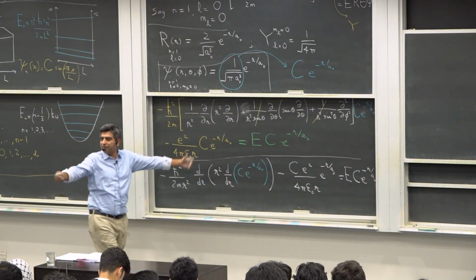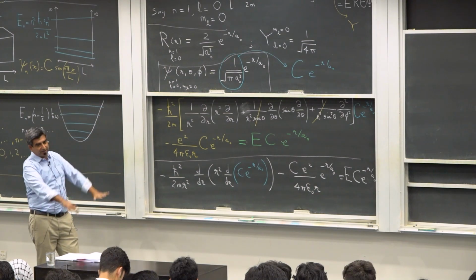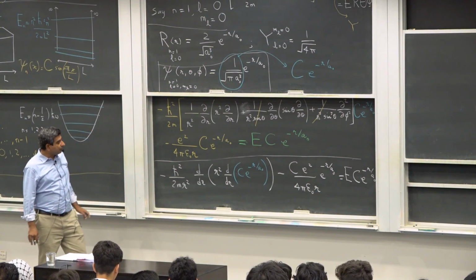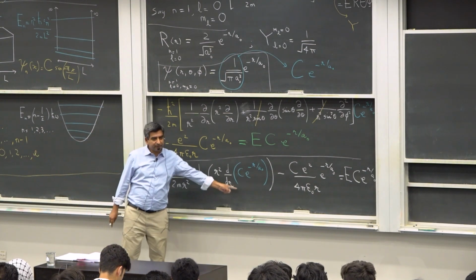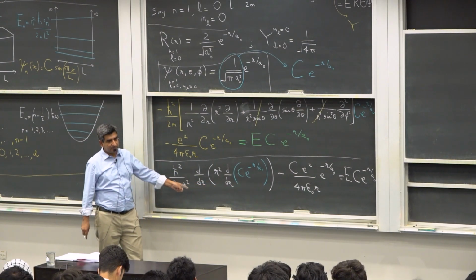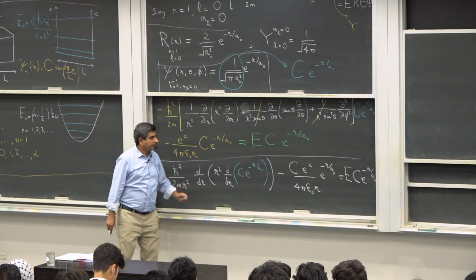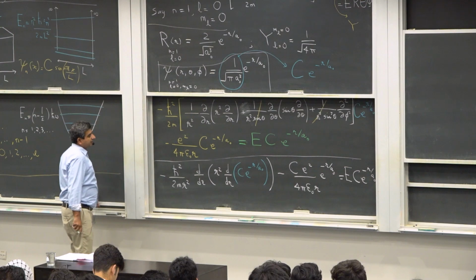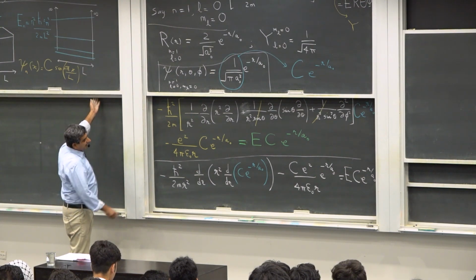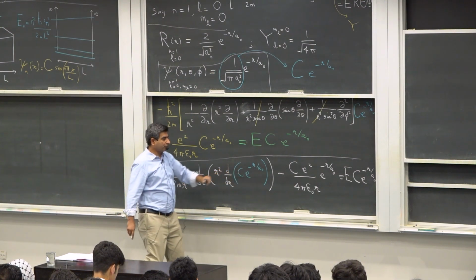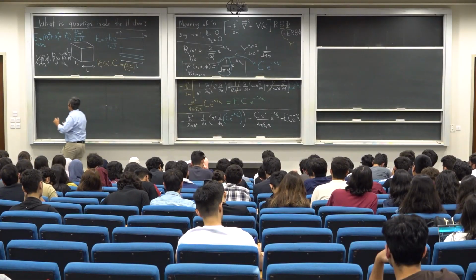Correct? So far so good. It's pretty easy here. Now what I would like to do is compute this derivative. So I just move to this side of the blackboard and I compute this derivative on its own. Let's see what comes out.